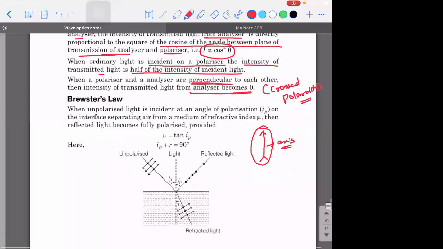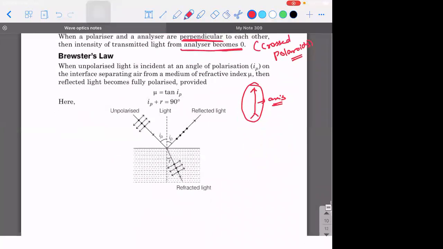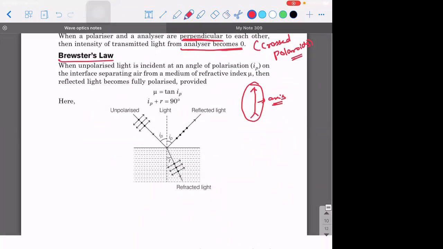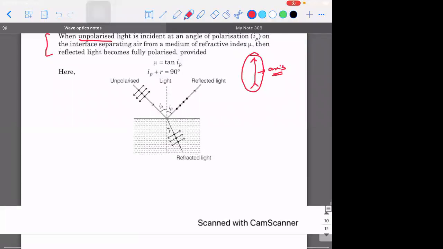Yes, sir. Okay. The next one is called Brewster's law. So this law states something like this. When you have an unpolarized light which is incident, before I get to the concept, tell me one thing, have you ever observed this?